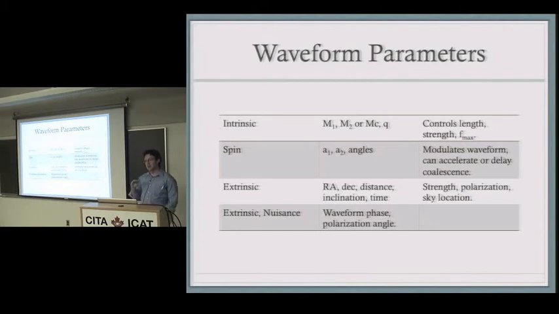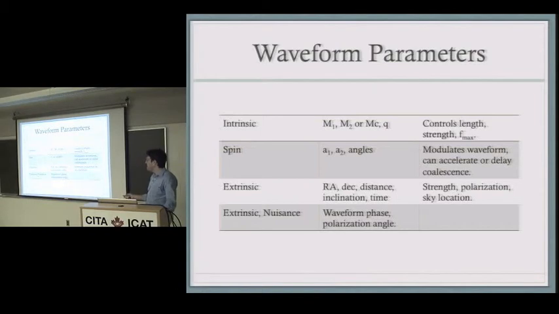And as the precession happens, we receive different polarization components at each detector as the orbit wobbles. The detectors are differently sensitive to the different polarization components, and so what we see overall is a waveform modulation. Spin can also accelerate or delay coalescence by acting sort of as an angular momentum reservoir for the orbit, and either holding up or accelerating the inspiral.